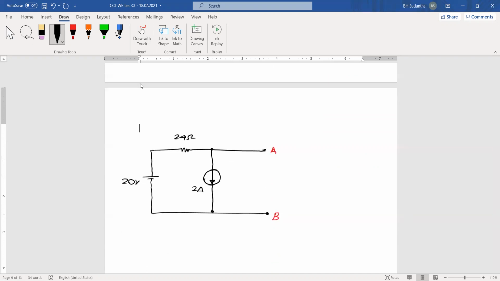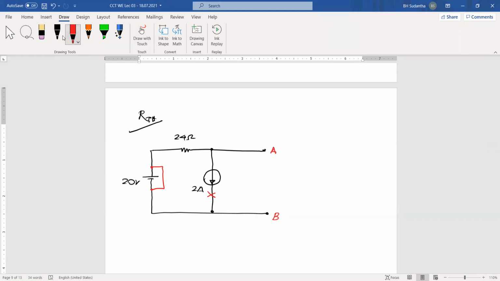what we are going to do, you can short circuit this current source and you can open circuit this one. Okay.